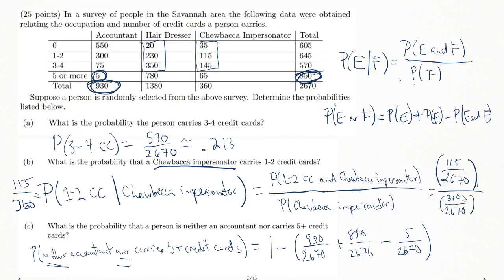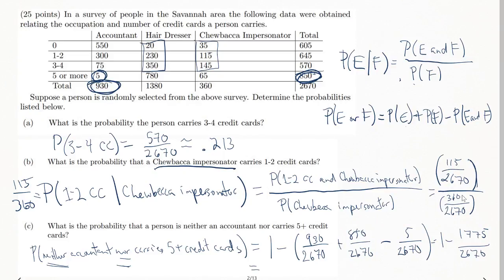So when you take that into consideration, notice what we get here. We're going to take our 930 plus our 850 and then subtract off 5, and notice we have a 1 minus, and then it'd be 1,775 over 2,670. Okay, and now if we simplify that a little bit, let me make sure you can see this too. I'm going to try and fit it down here.